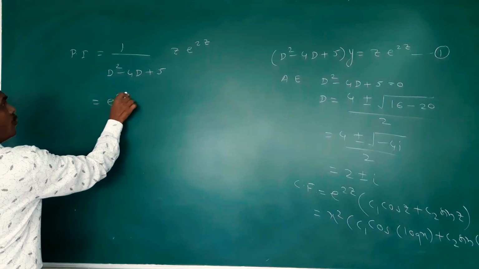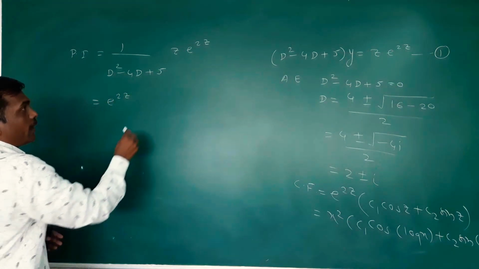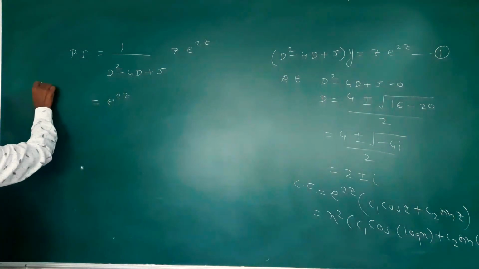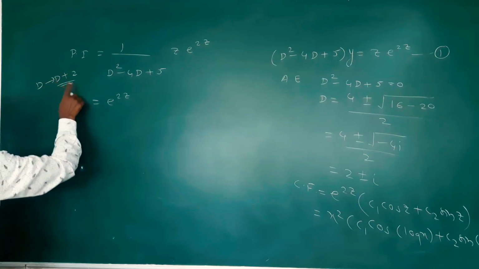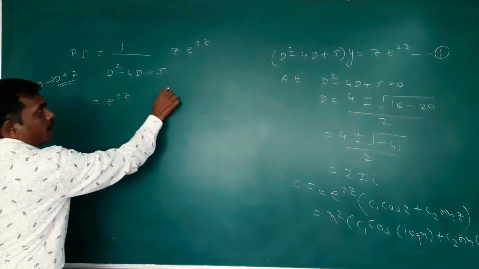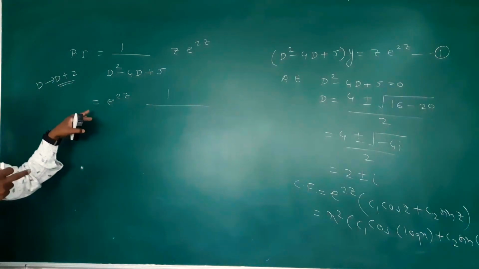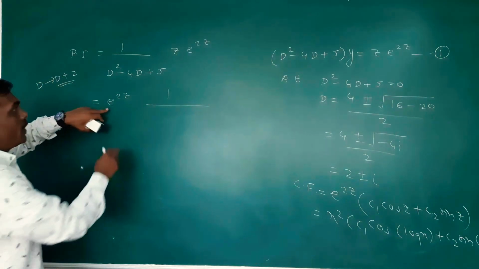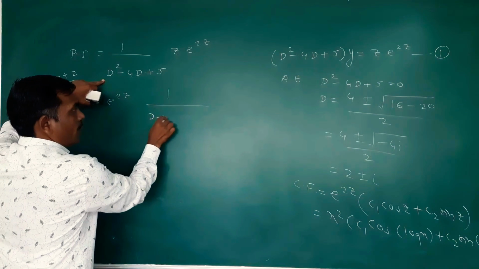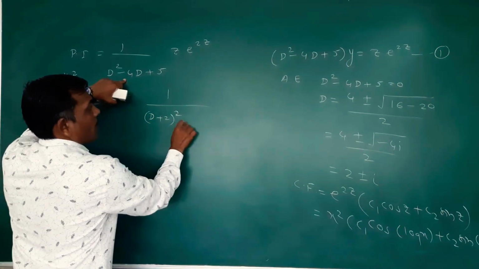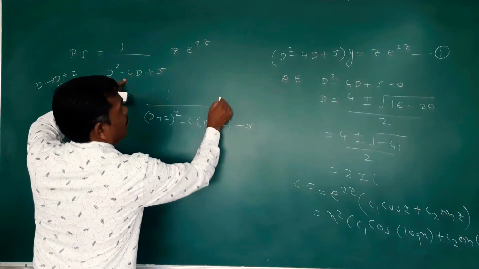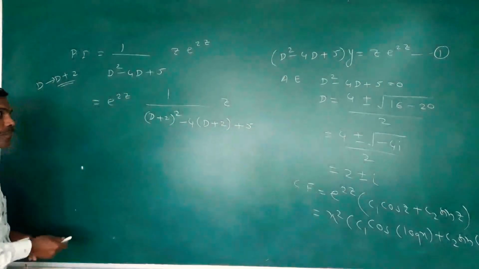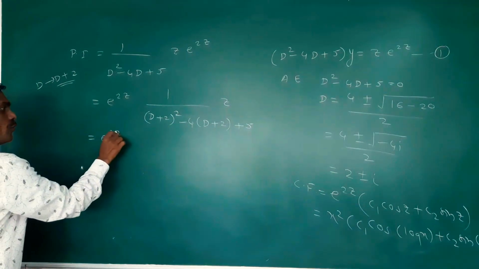So e raised to 2z, and in place of D, substitute D plus a, meaning D plus 2 here. So here e raised to 2z, 1 upon D plus 2 its square minus 4 into D plus 2 plus 5 operating on z.